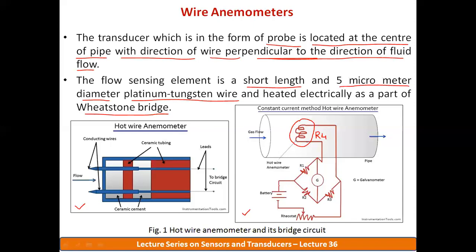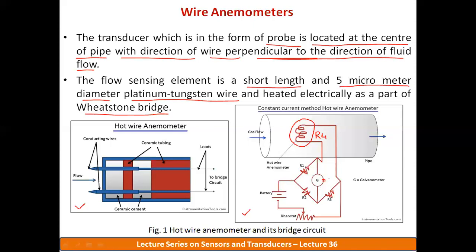After applying some voltage, slowly the rheostat is varied and the current is increased until the galvanometer reads zero current.